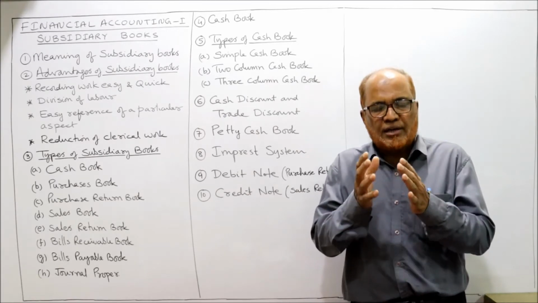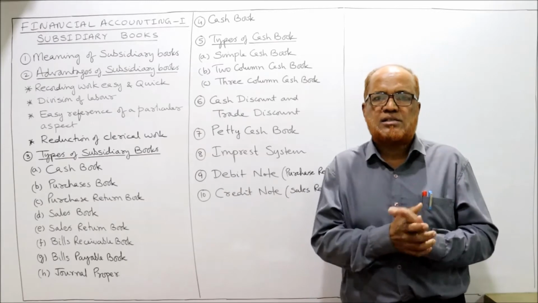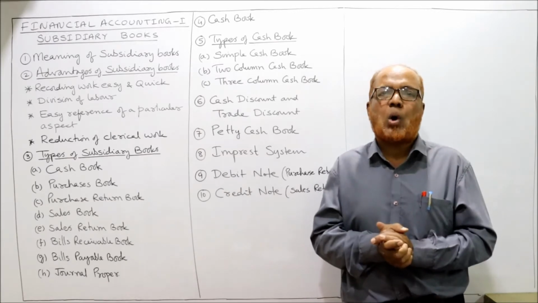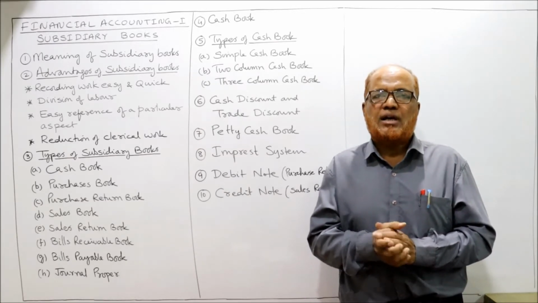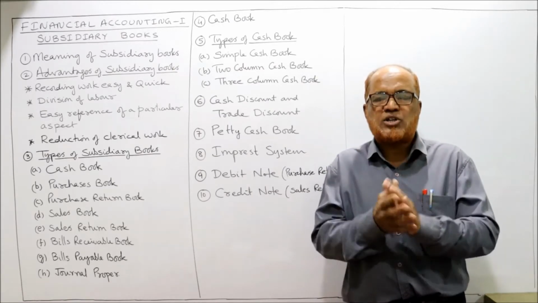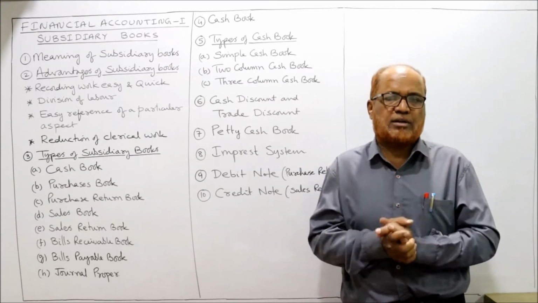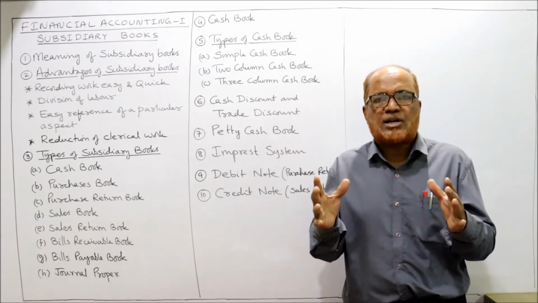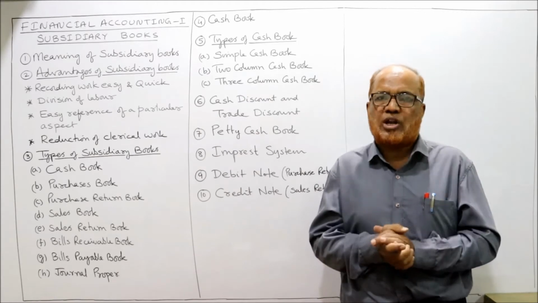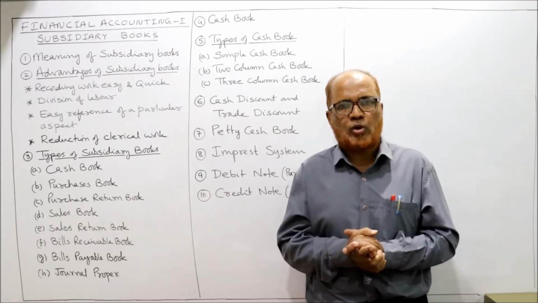So the main journal will be divided into a number of sub-journals. These sub-journals are called subsidiary books. It's a specialized type of journal because in this specialized type of journal, only one category of transaction will be recorded. All the same transactions will be recorded in one journal. So that is the meaning of the term subsidiary books.